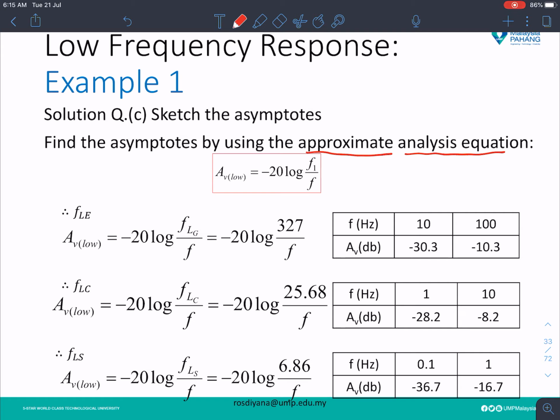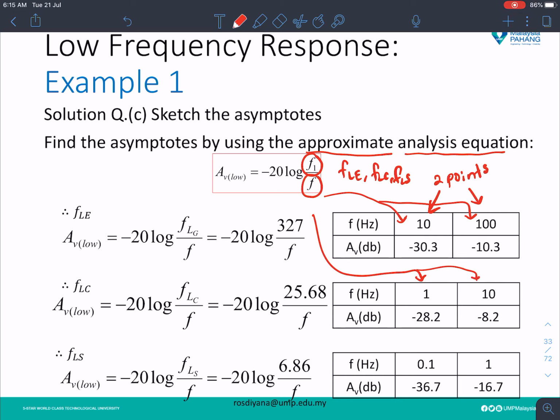So we have to find 2 points to draw a straight line, which we get from this. In this equation we see there is an F1. F1 is actually the FLE, FLC and FLS, and another F. This F is actually this value.